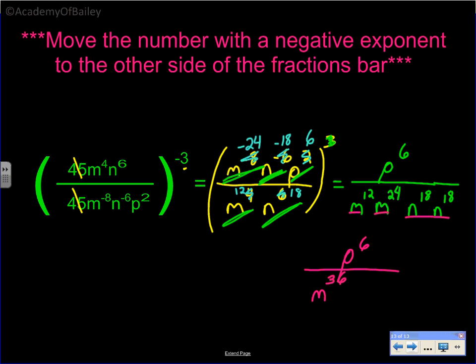And n to the 18th times n to the 18th, they have the same base, and 18 plus 18 will also give you 36. So, the simplified answer, p to the 6th power divided by m to the 36th times n to the 36th power.